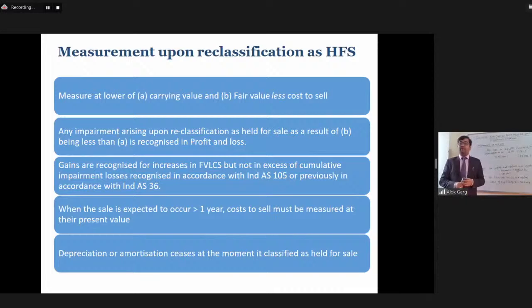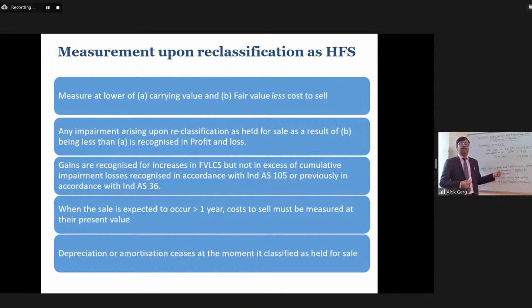Okay. Very important aspect of measurement. Whenever an asset has been classified as held for sale, please mind my words, the depreciation or amortization will be stopped from that particular date. What does it mean? It means that depreciation is not going to be charged beyond 30th June.